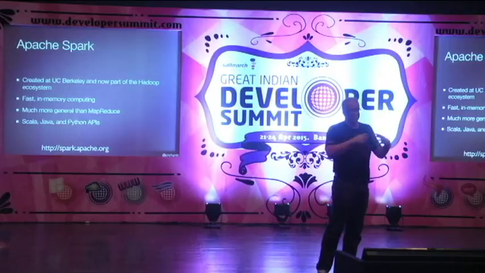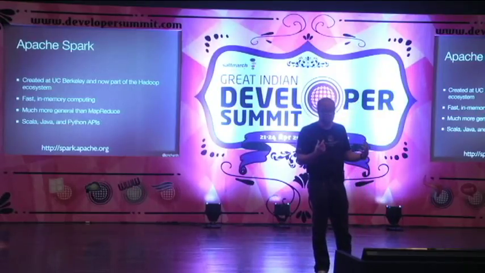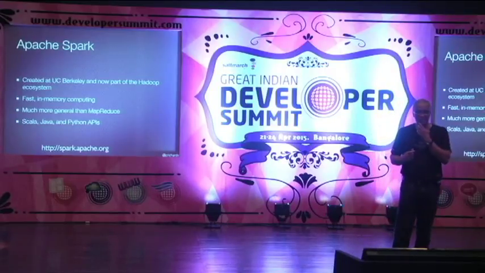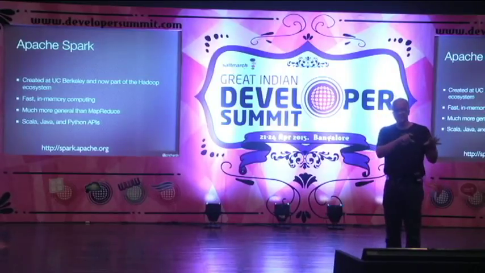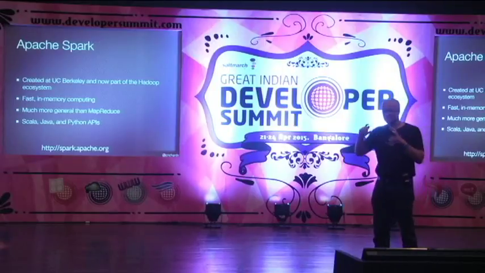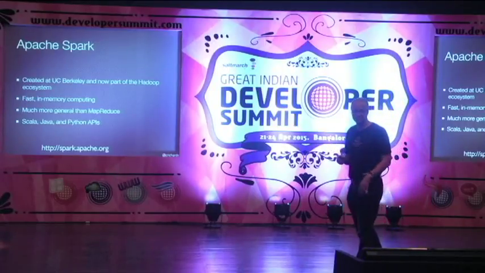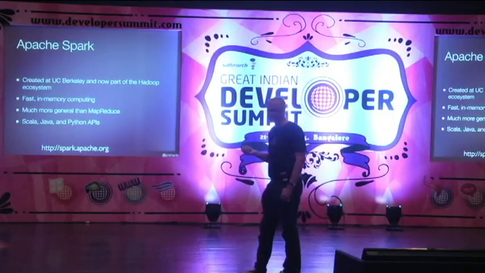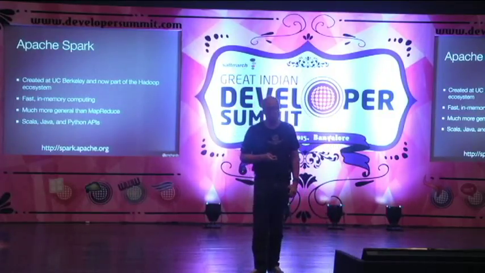And it's sort of this generalized MapReduce functional data processing framework that actually does a lot of data processing in memory, so it can be orders of magnitude faster than Hadoop. It's written in Scala, but it's got APIs in Java and also Python.